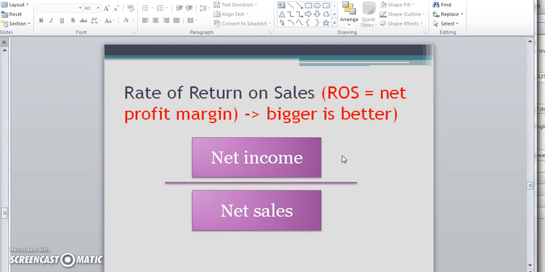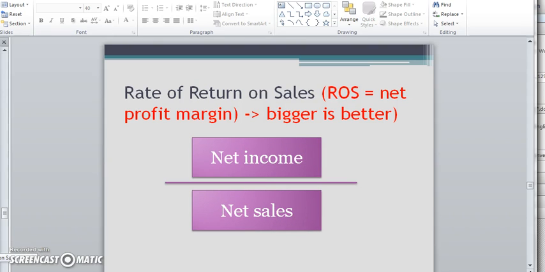Net income is your revenue minus your expenses, which is your profit. Of course, if your expenses exceed your revenue, then you have a net loss. And so you're looking at the profit over your sales.